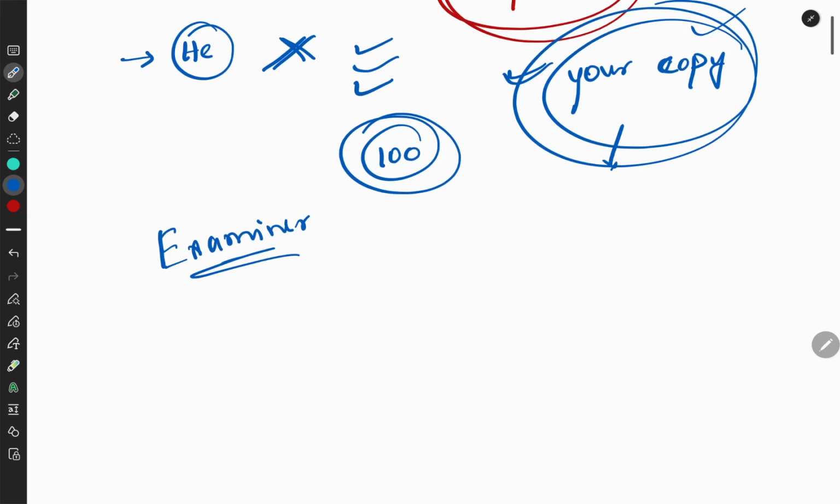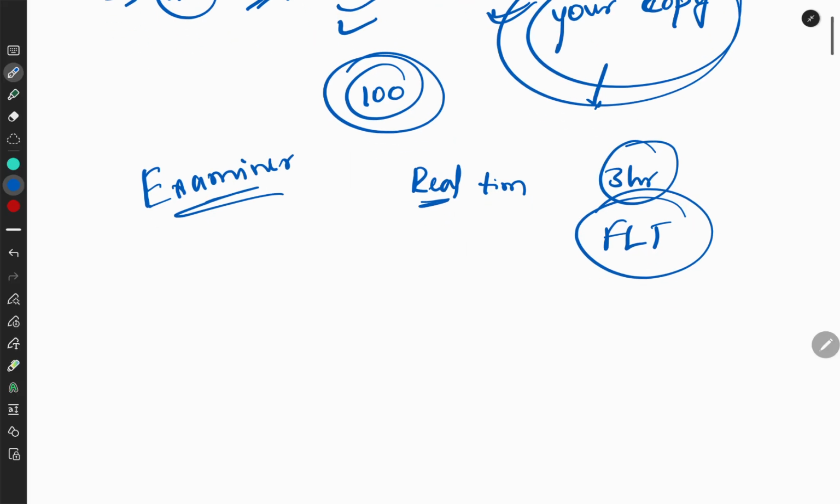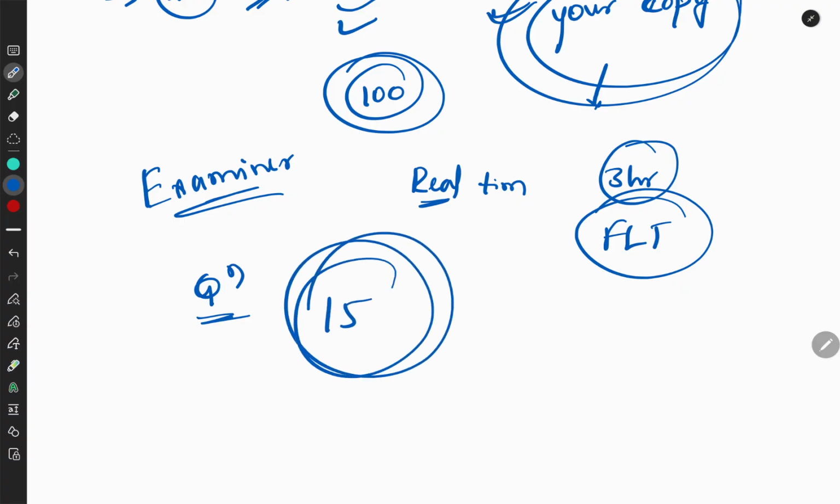We will do it in a very practical way, because she has written it in real time. That means she took 3 hours to complete the FLT. It's not a subject-wise paper, it's a FLT. Now I'll take you through each question in this paper and show you how the topper used these 15 powerful techniques.